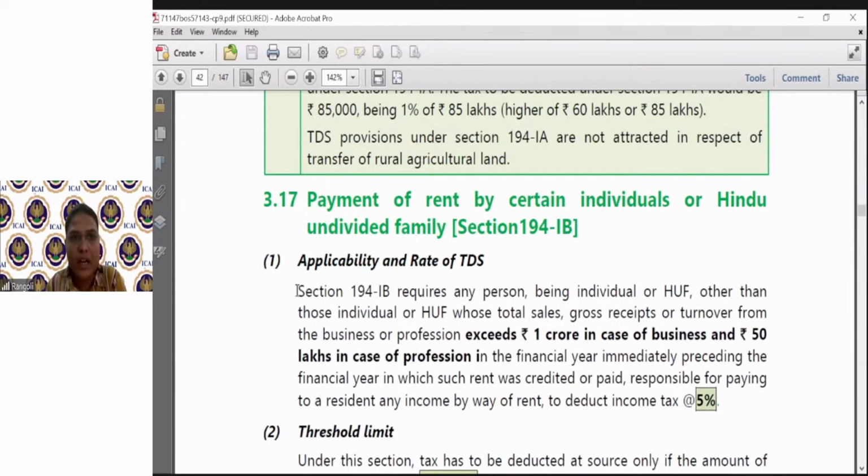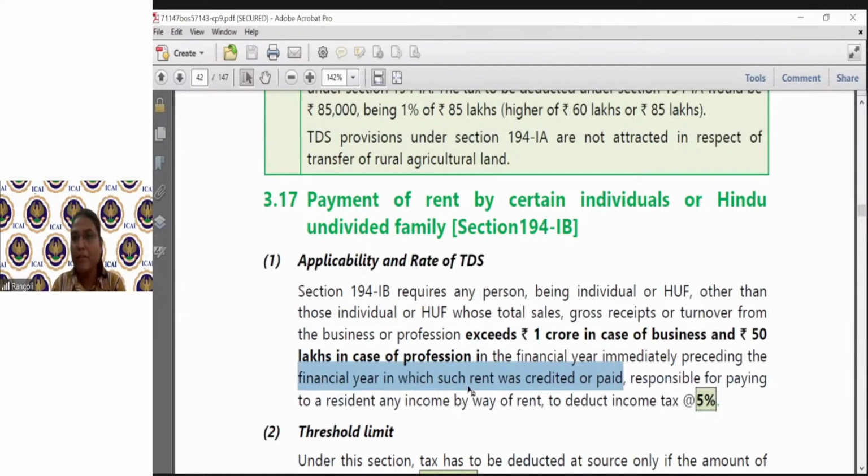Section 194I is required to be followed by any person being an individual or HUF other than those individuals or HUF whose turnover, sales, or gross receipts from business or profession exceed 1 crore in case of business and 50 lakh in case of profession in the financial year immediately preceding the financial year in which rent was credited or paid.